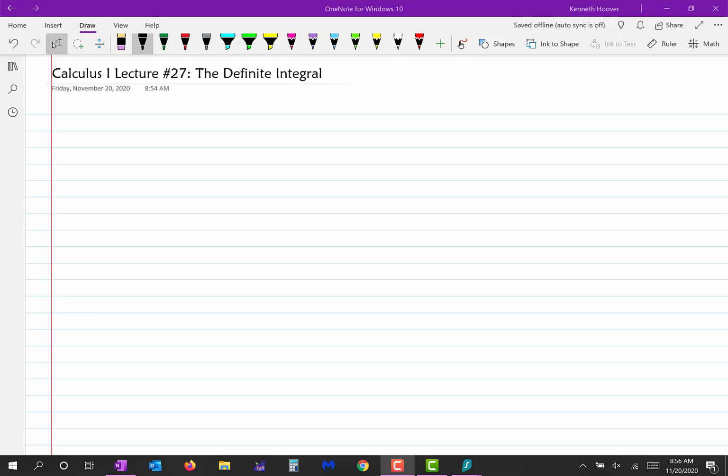Okay, in the last lecture we talked about something called an indefinite integral. It looks like this. And do you remember what it was? The general antiderivative of f.